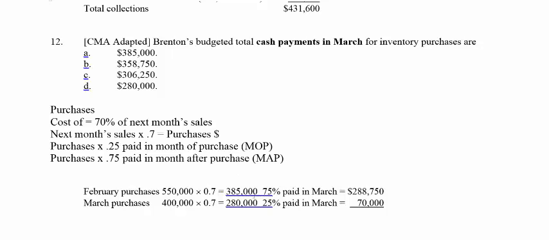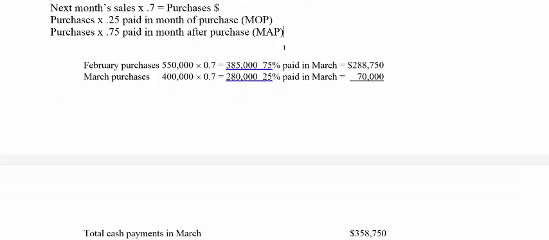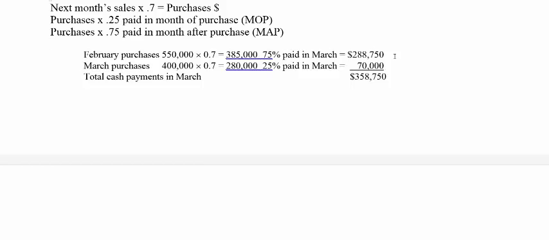So 75% would have been paid in March, where 25% of it would have been paid in February. If we do the math, 385 times 0.75 means 288,750. And my answer has gone down to the next page, which is 358,750. That is our answer for D.